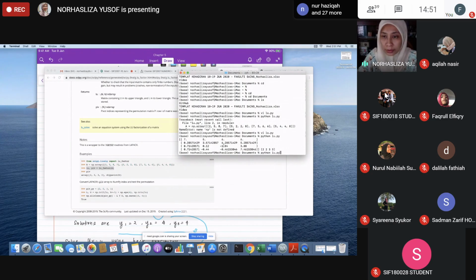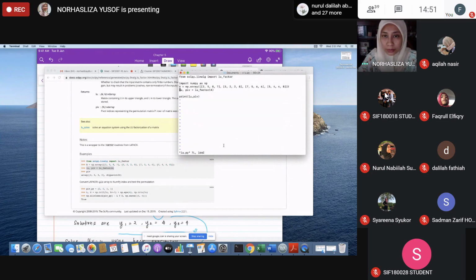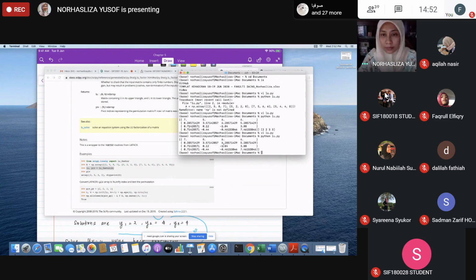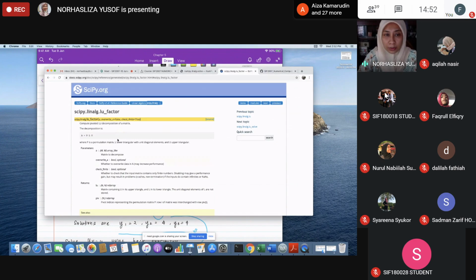If you just want to see your LU, you just print your LU. The PV is just your pivot. So this is the value that it has decomposed, and this is by using this LU factor.